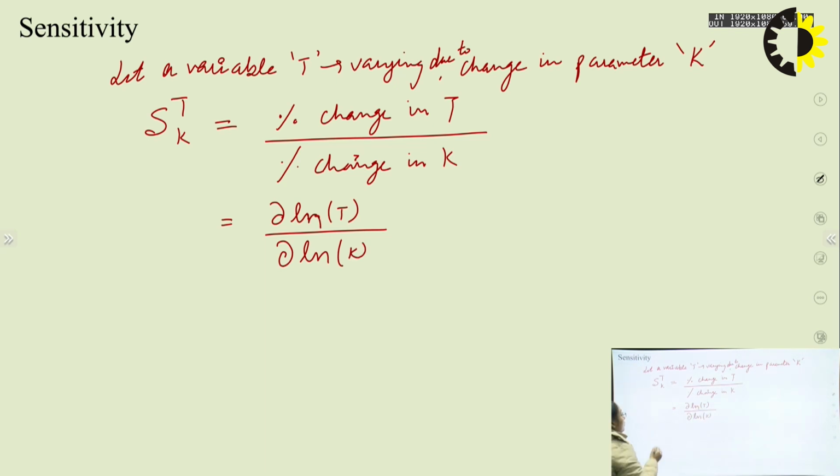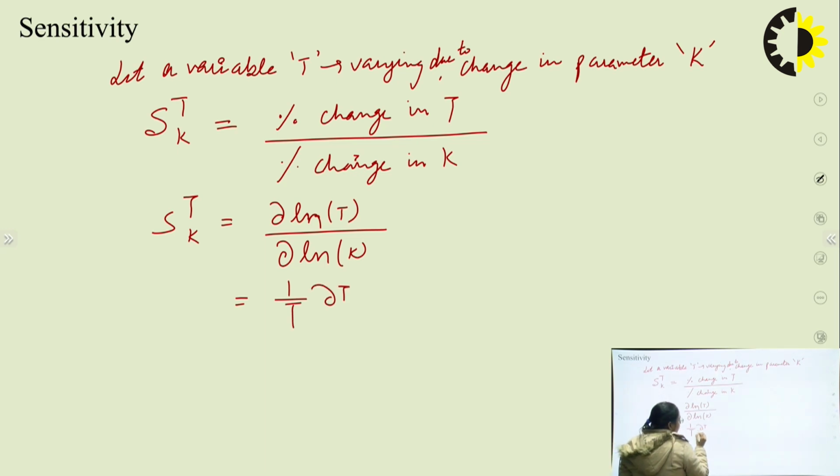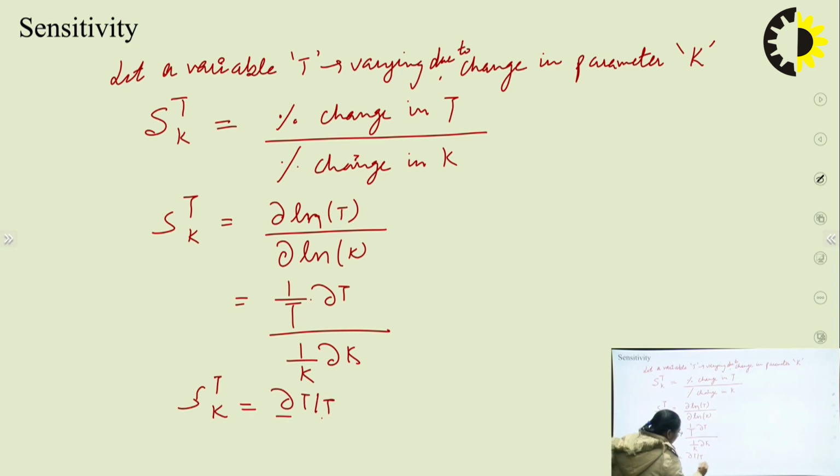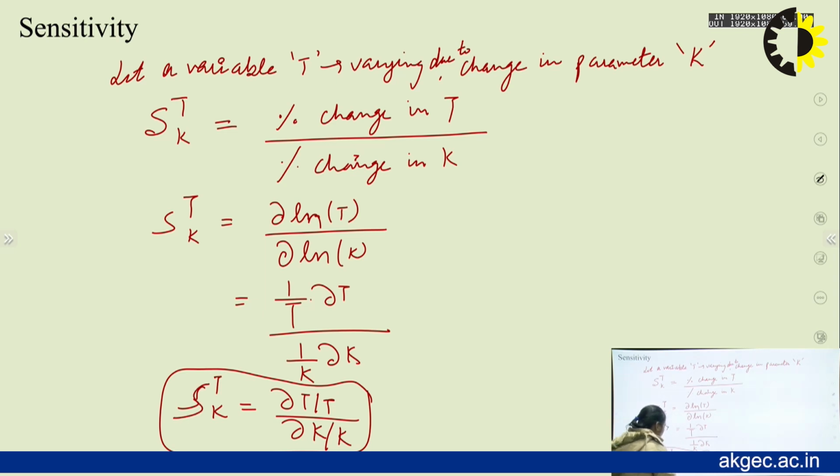So you can write the sensitivity as 1 upon T del T, and this term can be written as 1 upon K del K. So I can also write the sensitivity of T with respect to K as delta T by T upon delta K by K, for solving the sensitivity of any control system.